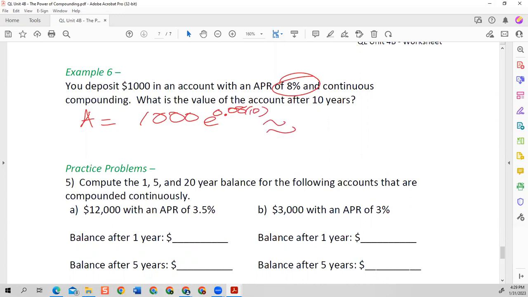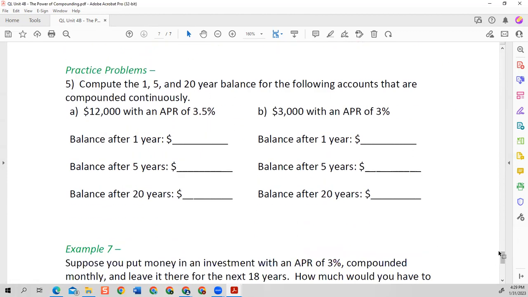So on your calculator, you're going to have to use the E button. Okay, so it gives me a total of 2,225.54. So we're going to do this number 5 here in class discussion.